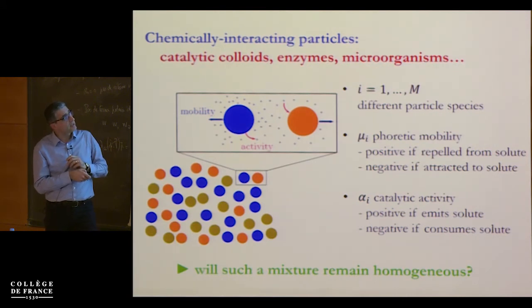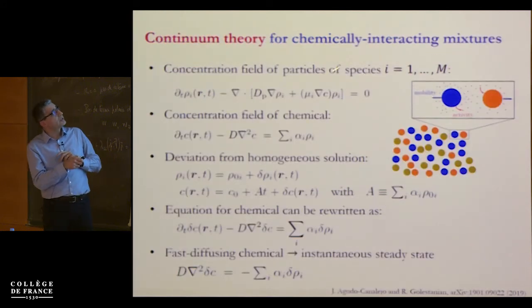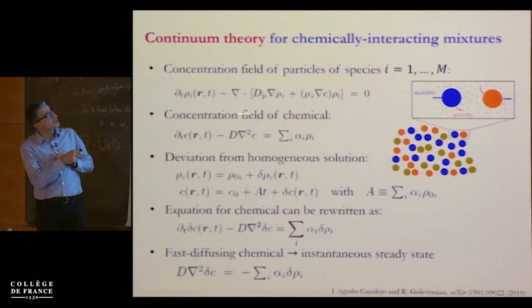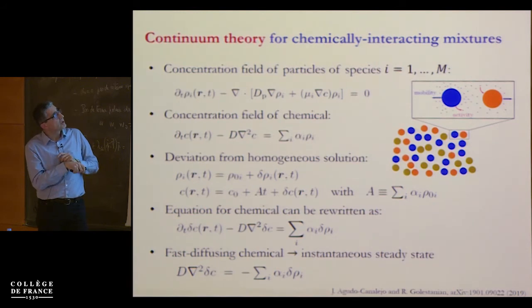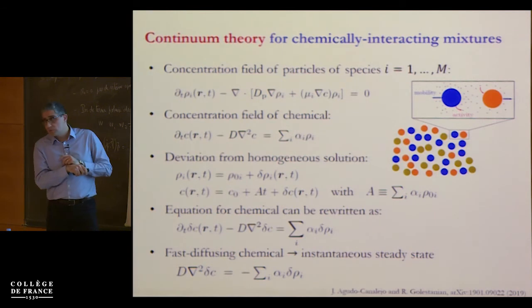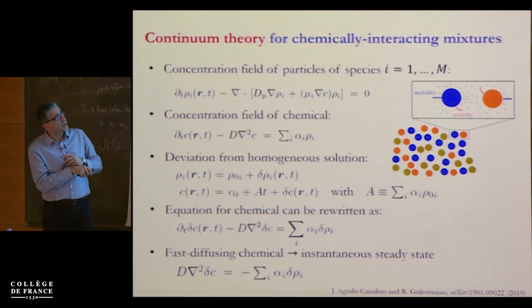Turns out that you can study this using linear stability analysis relatively easily for the most general case of M species with mobilities mu_i and activities alpha_i. If you just mix them together, you can write down equations: conservation laws for the concentrations of each species, and then an equation for the diffusion-reaction of the chemical, which they all basically produce or consume.